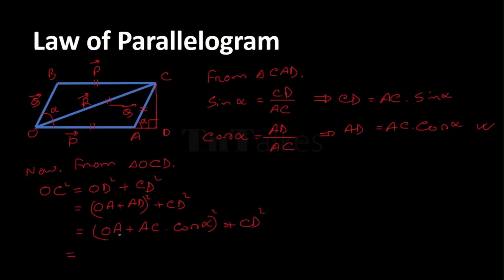So here (a plus b) whole square is applicable. So OA square plus 2 into OA into AC cos alpha plus AC square cos square alpha plus CD equals to AC square sin square alpha.